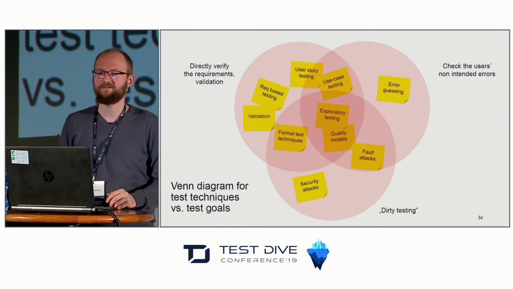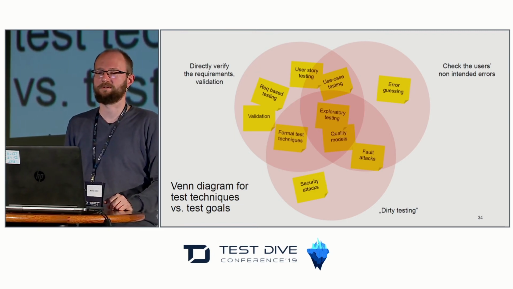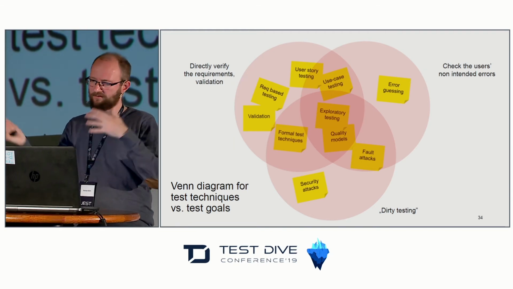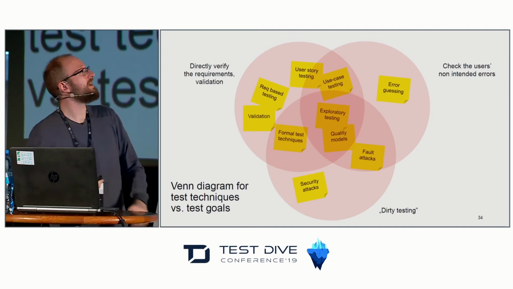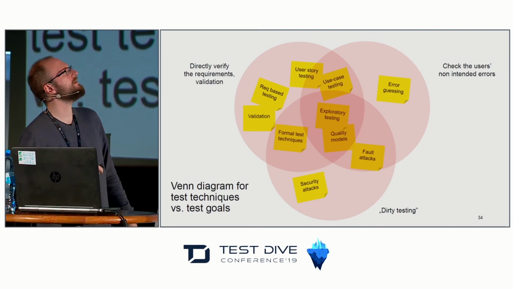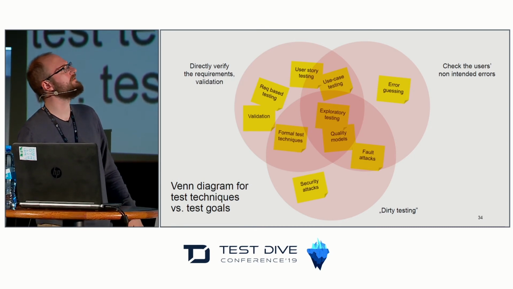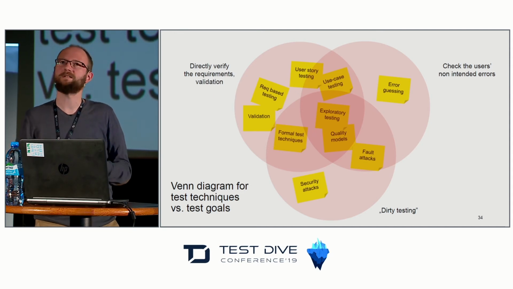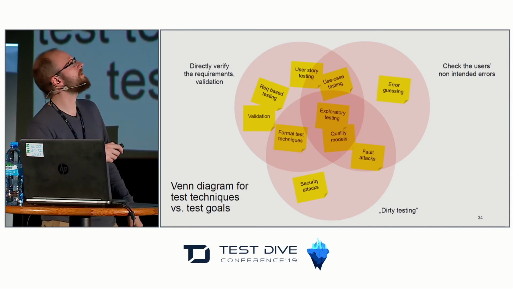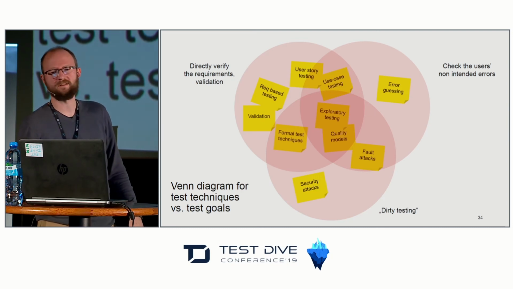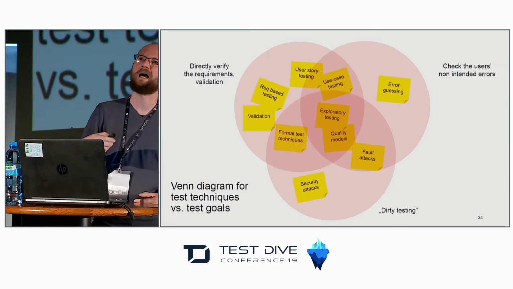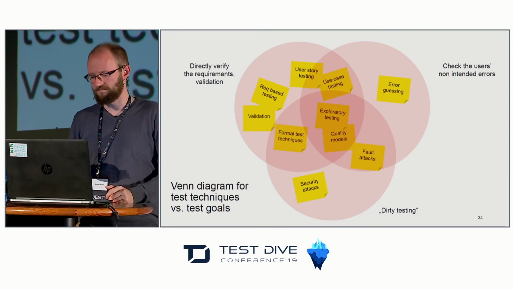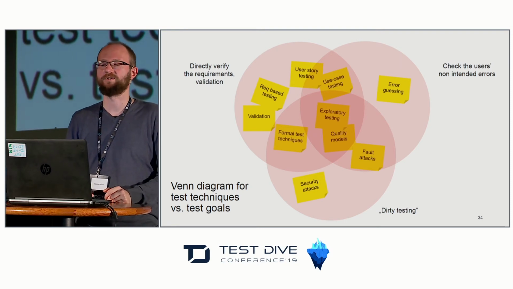For each of them, we have some sample test techniques, and you can argue that it should look maybe different, but the important thing here is that the techniques that cover all these goals, so we could say the techniques that are quite universal in testers' approach, are exploratory testing and quality models, like the ones from these ISO standards and this kind of stuff. These are, let's say, the most general approaches.